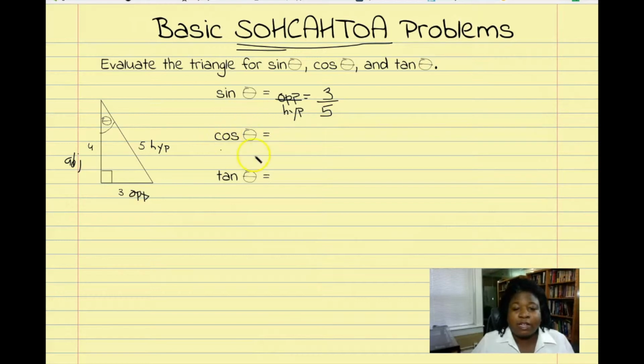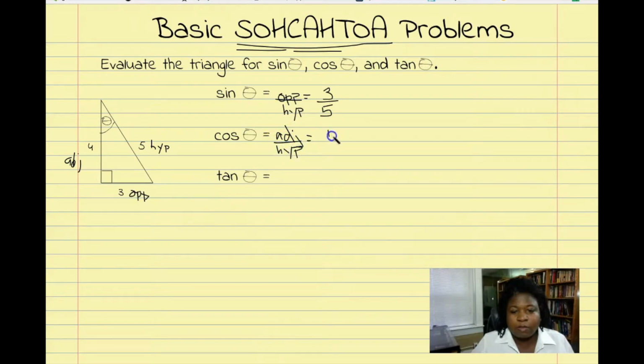When we want to find cosine theta, it's still adjacent over hypotenuse. Just now that theta is here, the side adjacent to theta has a length of 4. So look at adjacent over hypotenuse.